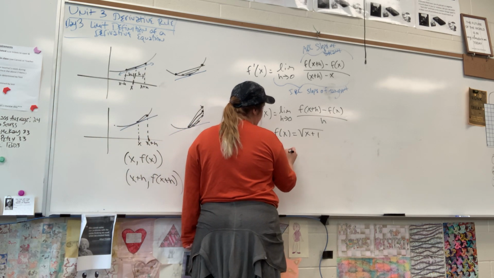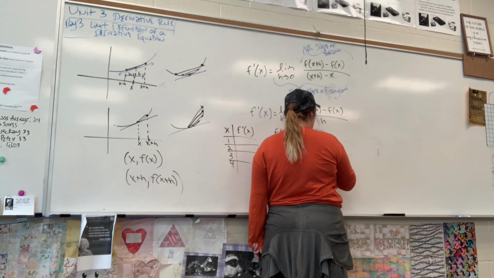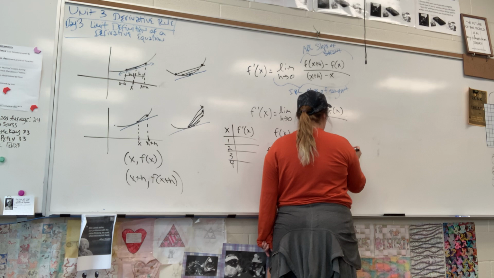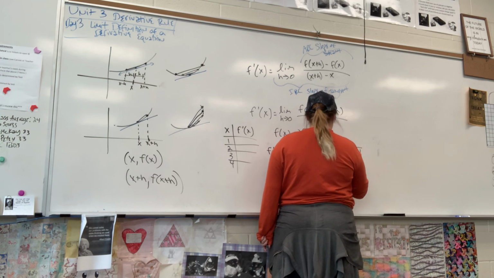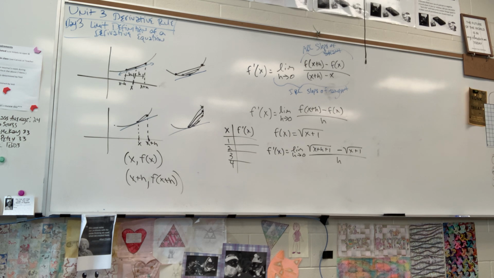So f prime of x is the limit as h goes to 0, square root of x plus h plus 1 minus square root of x plus 1, all over h. Can you do it from there with the conjugate? Okay, take a second and do it from there with the conjugate.